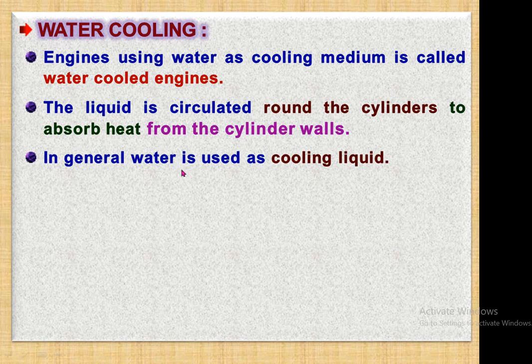In general, water is used as a cooling liquid. Means mostly water is used as a cooling liquid, but in cold regions where the temperature is too low, there may be a chance of freezing of water. In that case, certain coolants are used in the cooling system which remain in liquid form during low temperature.